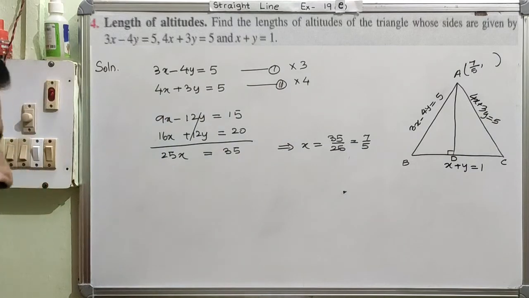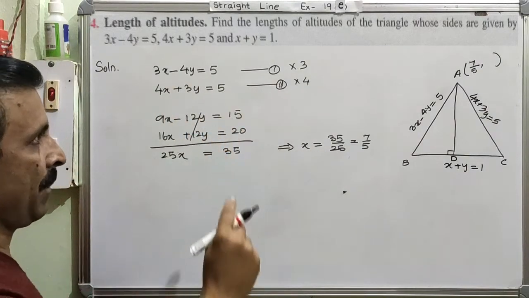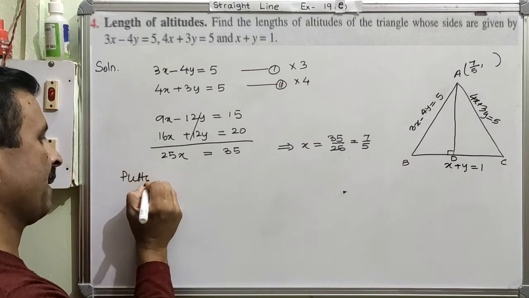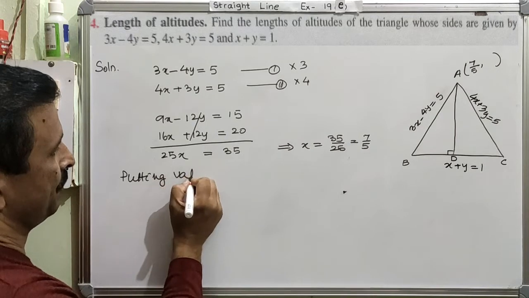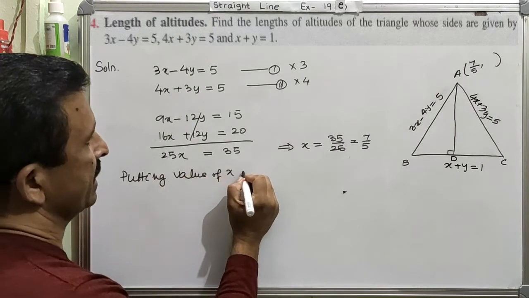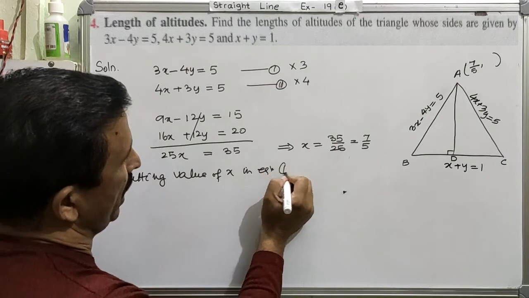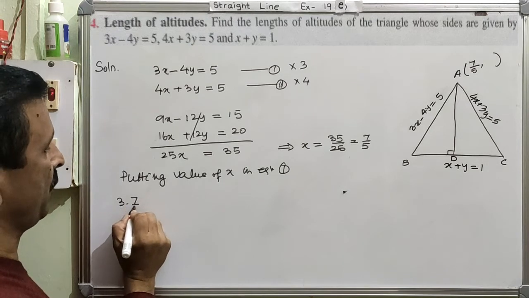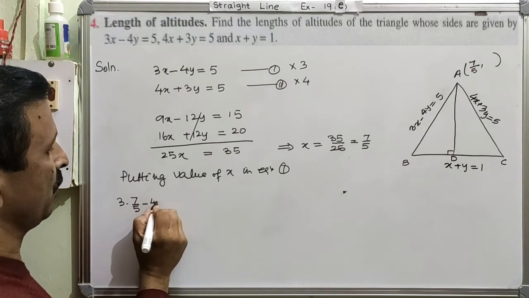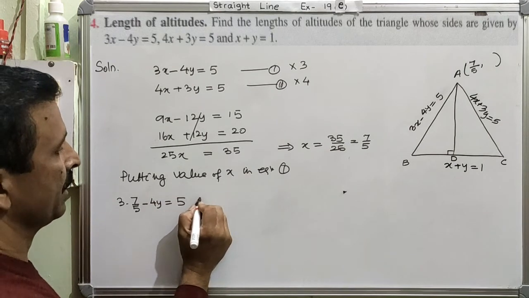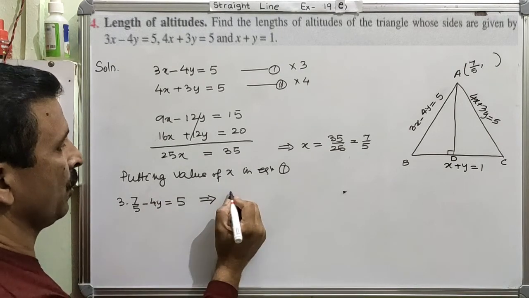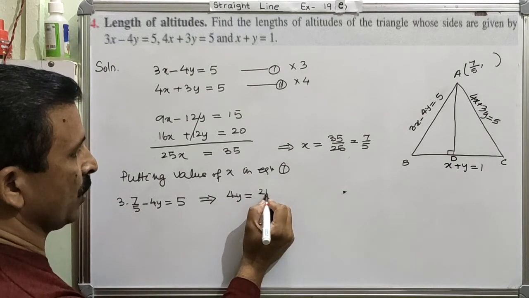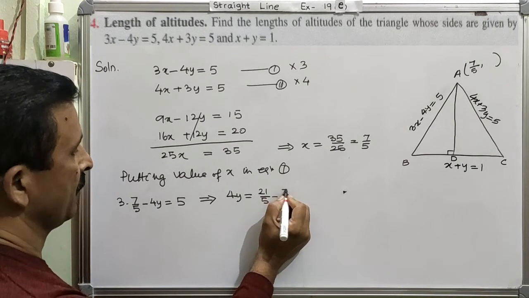Is this okay? Now we are going to calculate the value of y by putting this value of x in equation number 1. Let us put it: 3 into 7 over 5 minus 4y is equal to 5. This implies 4y, I can take to the other side, is equal to 3 times 7 is 21 over 5 minus 5.